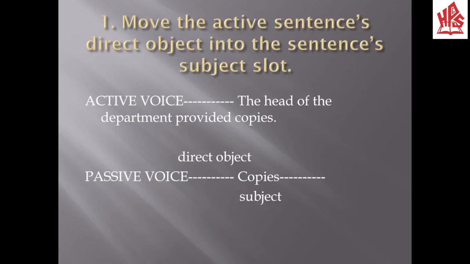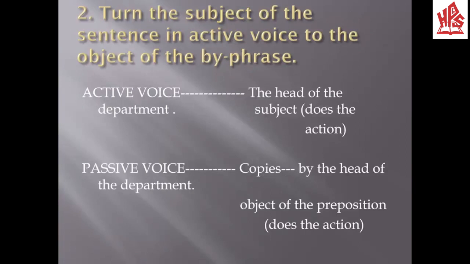While changing into passive voice, remember that your object will behave as a subject and your subject will become the object of your new sentence. It will be like copies will be your new subject and the head of the department will be your new object. Turn the subject of the sentence in active voice into the object of the by phrase.